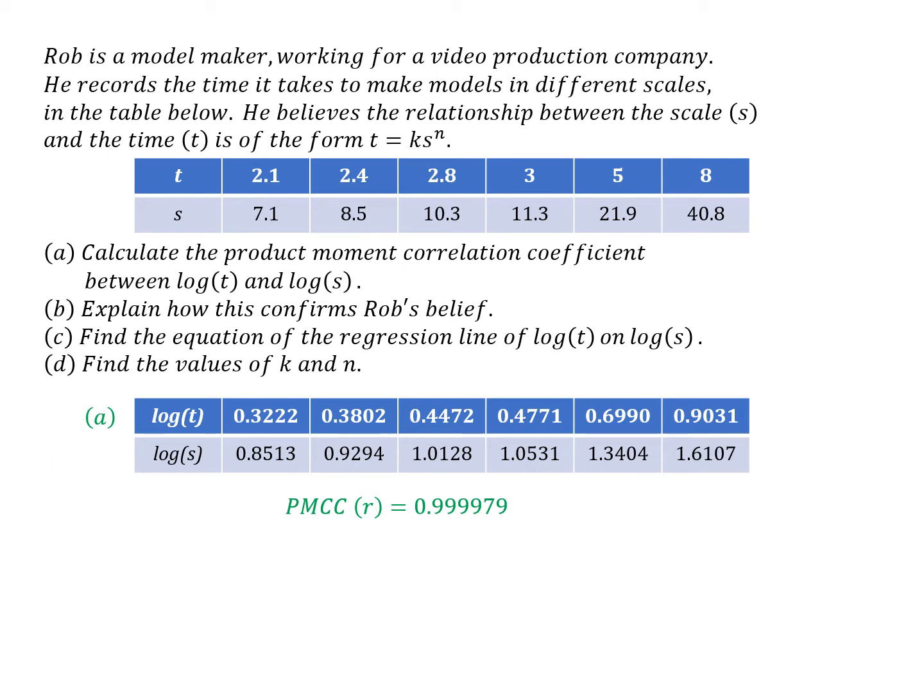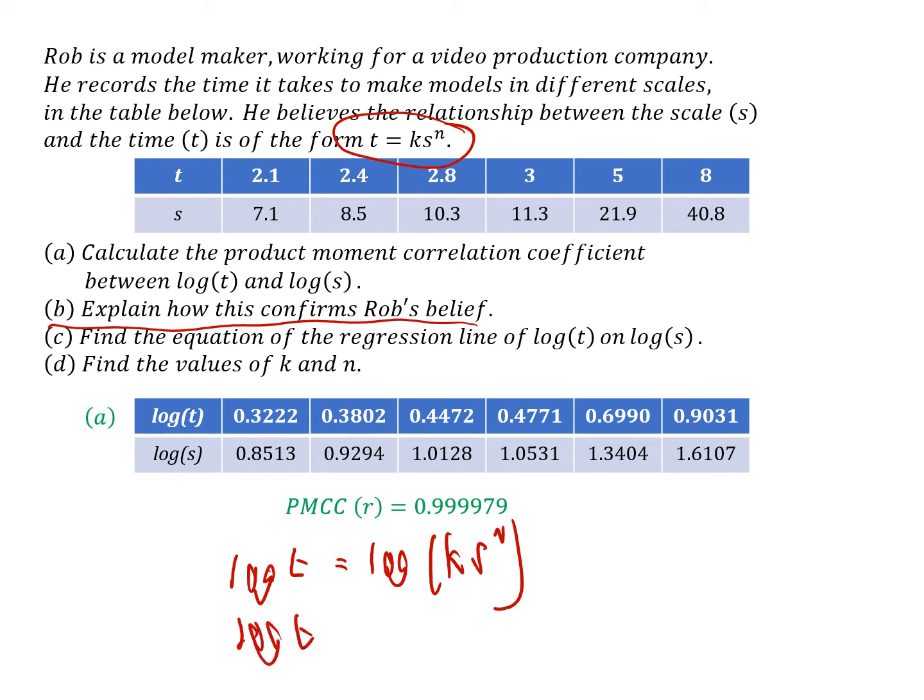Well, how does that then confirm Rob's belief? Well, let's have a look at this. We know that the relationship is of the form t equals k times s to the n, and when we take logs of both sides, we get log t equals log of k s to the n. So log t equals log k plus n times log s.